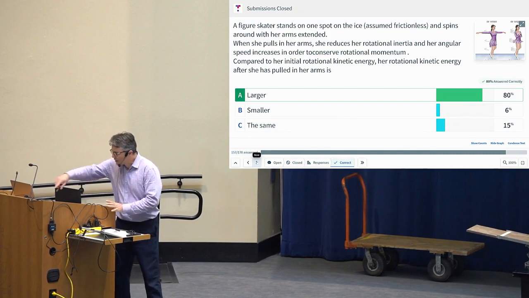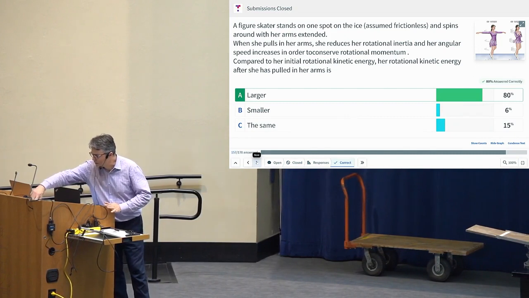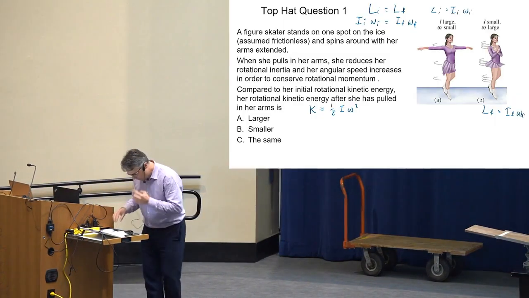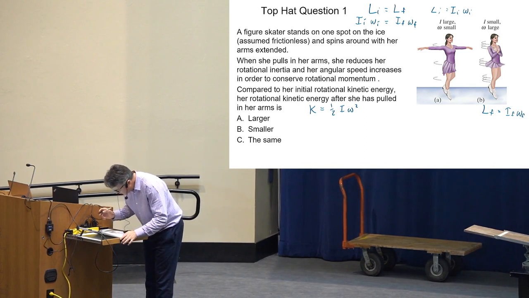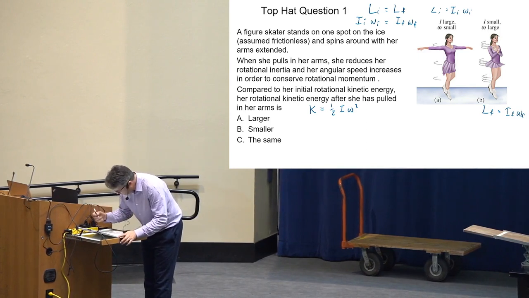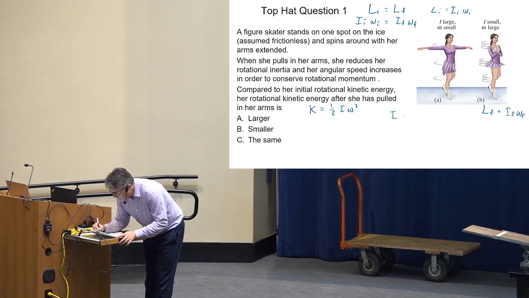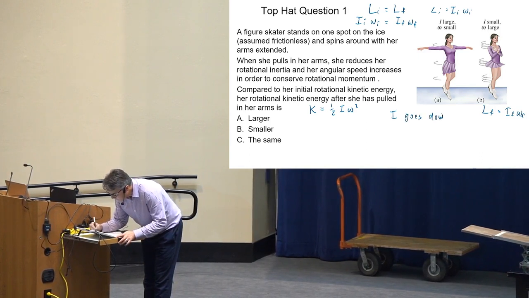Okay, well, I think that actually does work out. I put it as green. I'm a little bit wondering where the energy comes from. But yeah, I think that's right, that I goes down and omega goes up.